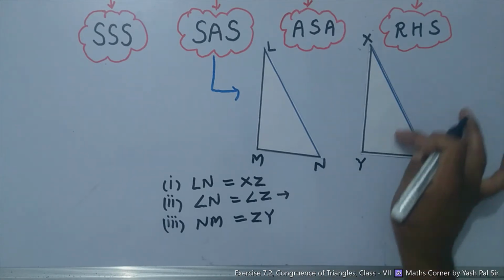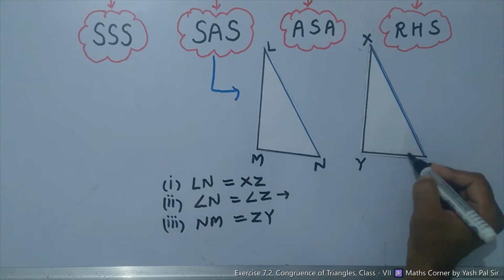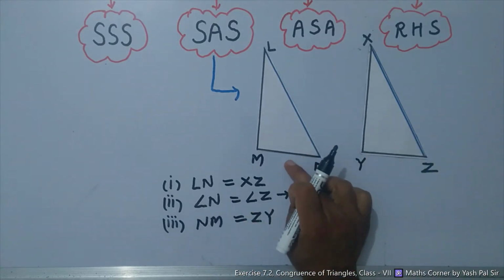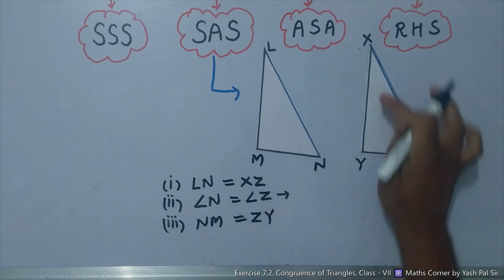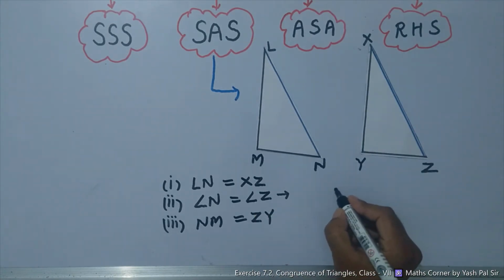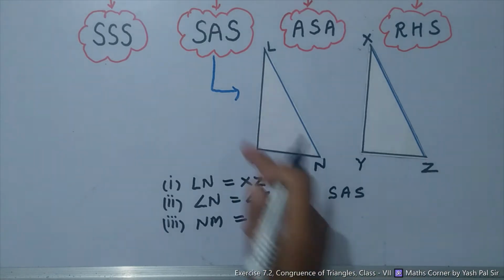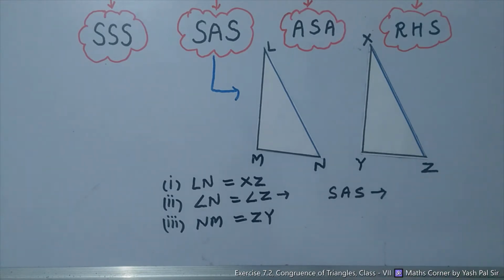In between these two sides of the triangles, these two angles, angle N for triangle LMN, angle Z for triangle XYZ, they are equal. Then this rule is called the side, angle, side criteria for congruence of triangles.